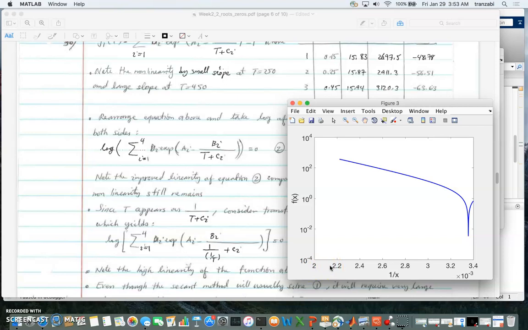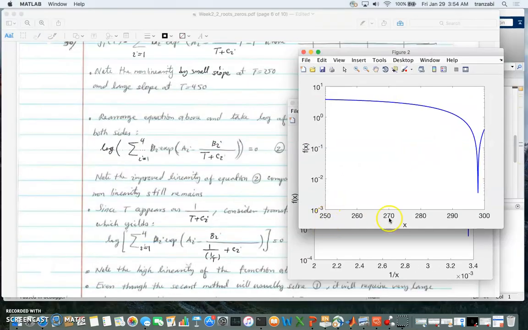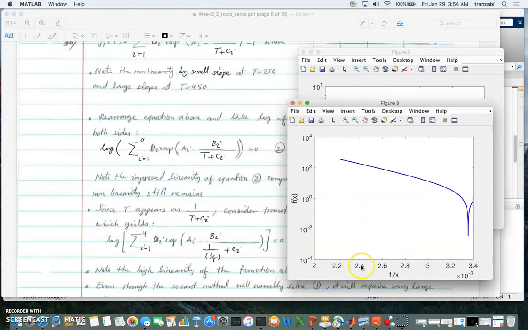So 1 over t is going to vary from 2.2 to maybe 3.4, times 10 to the minus 3, compared to 250 to 400. You see that we changed the x-axis range a lot.